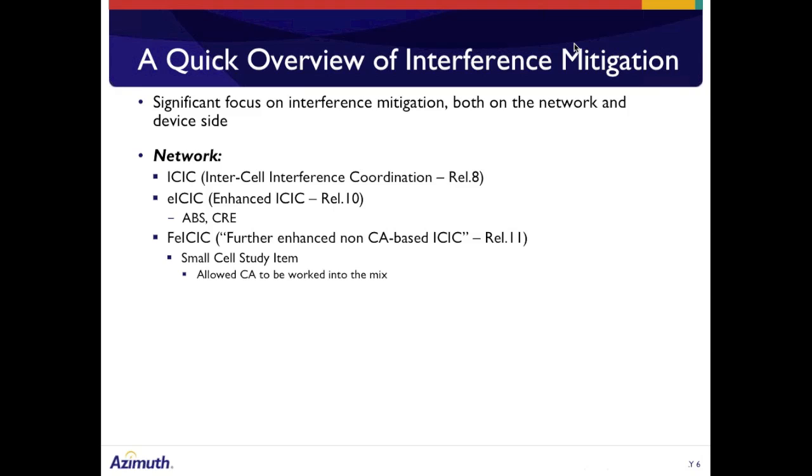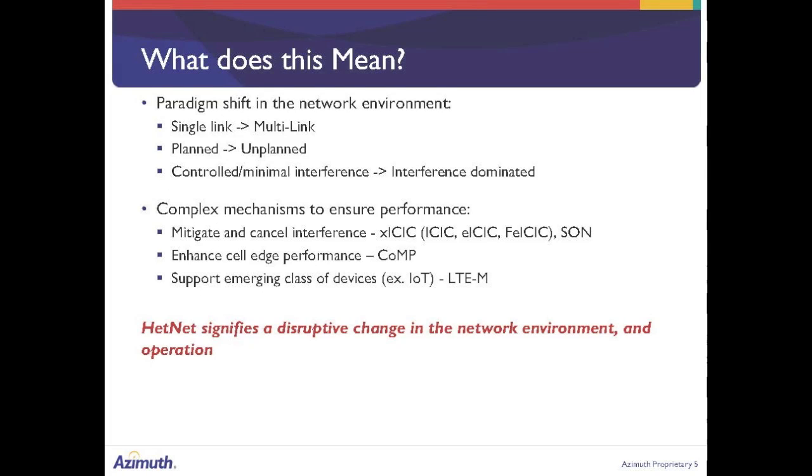And then there was so much work to do in eICIC that they had to basically cut it off so that they could meet their release 10 deadlines. And so additional work got rolled into release 11 with a further enhanced non-carrier aggregation-based ICIC study item.